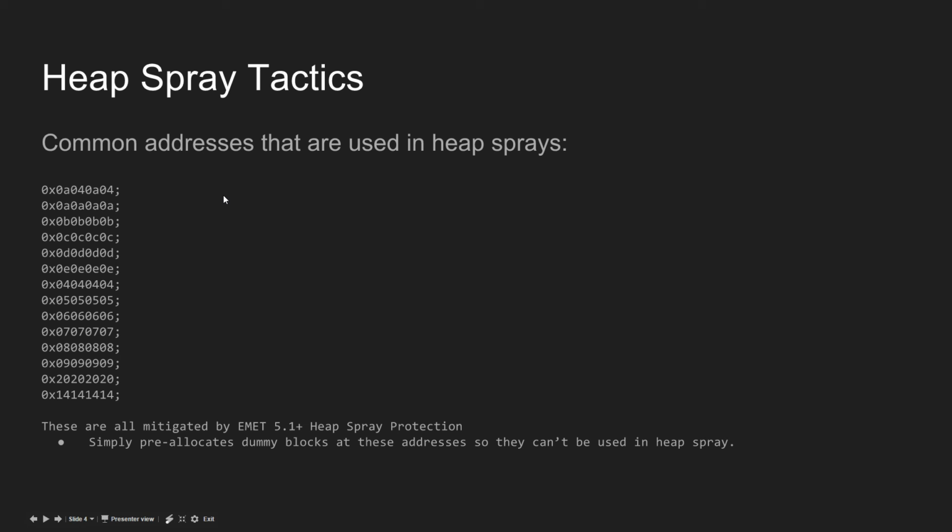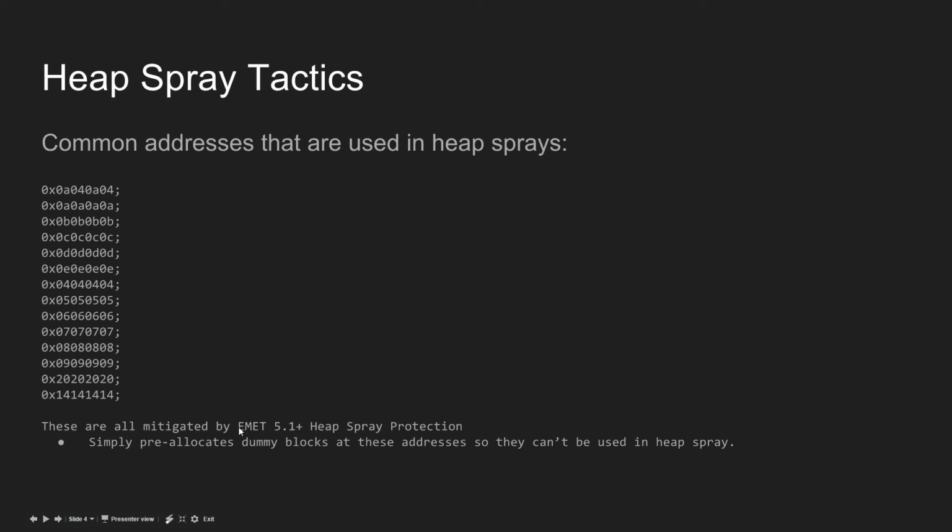Now for heap sprays, we've talked about common addresses that are used in heap sprays. I wanted to compile this larger list. As you'll see, if you look at it, there's some repeating addresses. Sometimes the last character may differ, but not always.